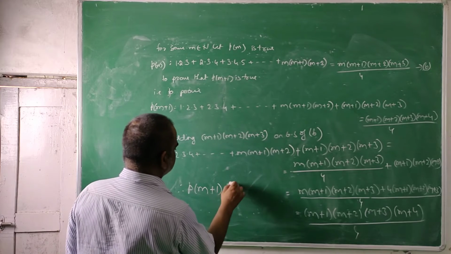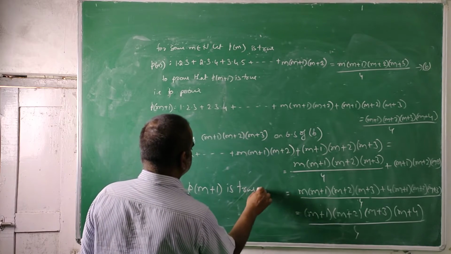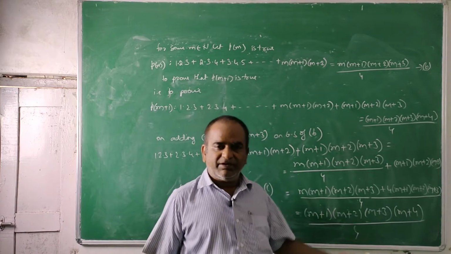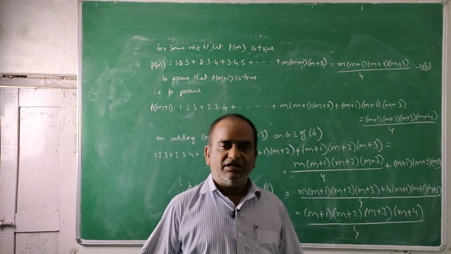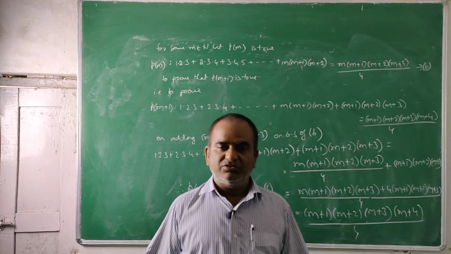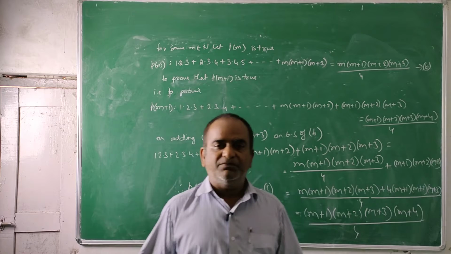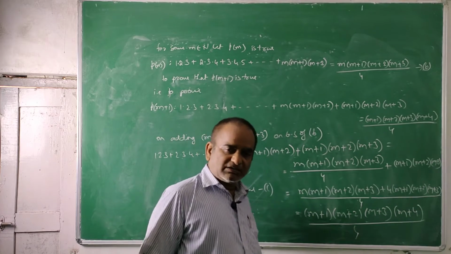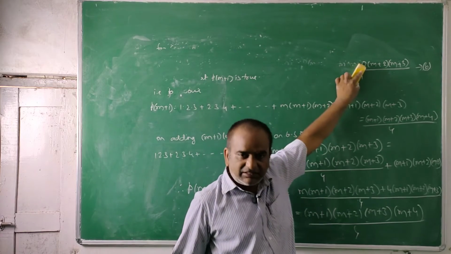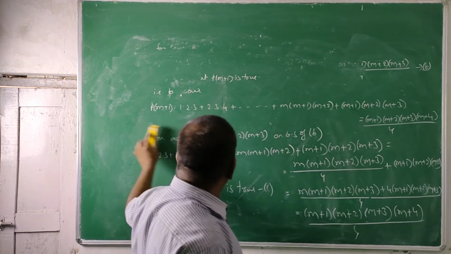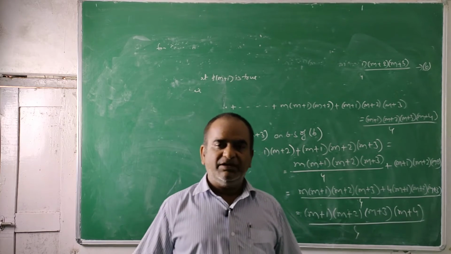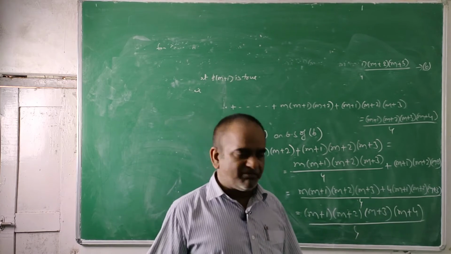Step C. So from A, B and C, using principle of finite mathematical induction, P of n is true for all n belongs to N. This is a conclusion that you have to give without fail to get good marks. So next, this series kind of problems we did so far. Now we are going to do some divisibility based problems.